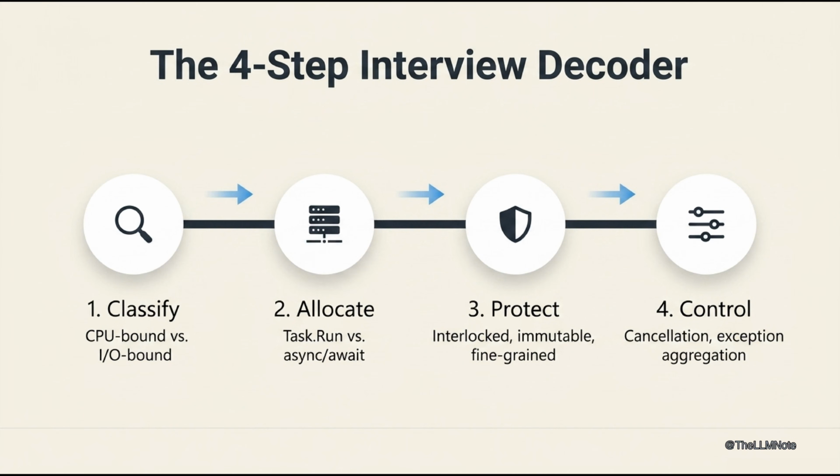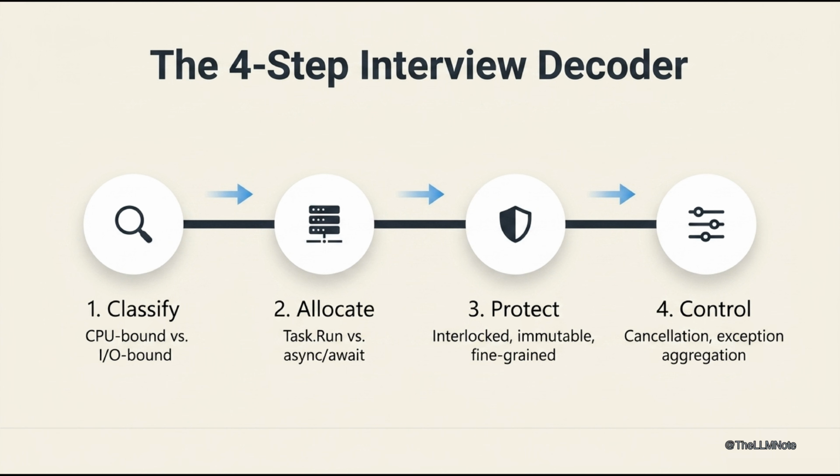The four-step interview decoder. Classify: is the workload CPU-bound, parallel, or IO-bound async? Misclassification leads to thread pool starvation. Allocate: for CPU, use Task.Run or Parallel.For. For IO, use async IO APIs with await. Protect: use Interlocked, immutable data, or fine-grained locks to minimize contention.